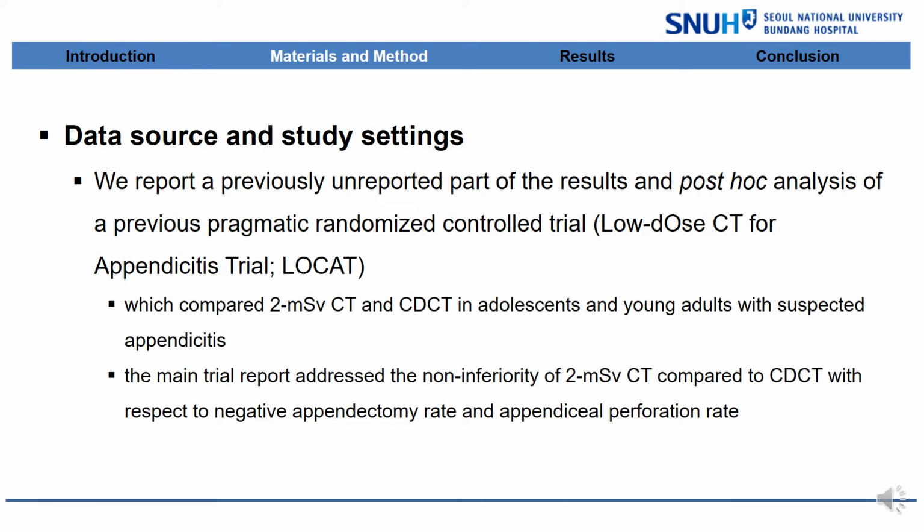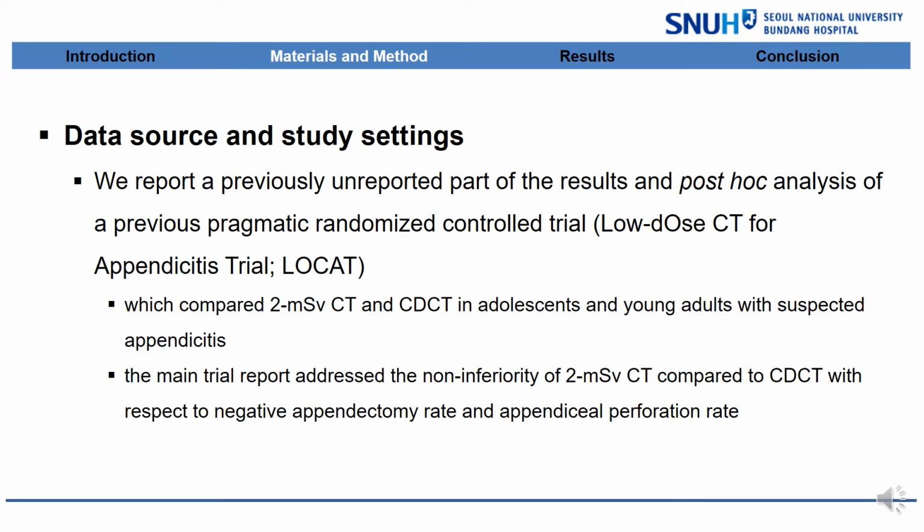Here we report a previously unreported part of the research, a post hoc analysis of a previous pragmatic randomized controlled trial, so-called LOCAT, which compared 2 millisievert CT and conventional CT in patients with suspected appendicitis.